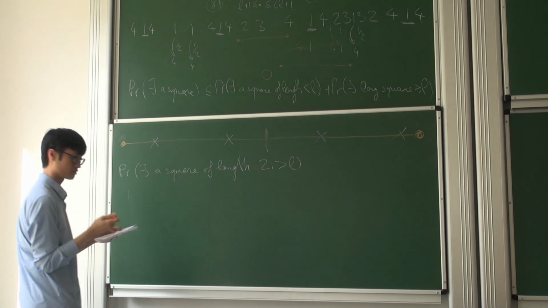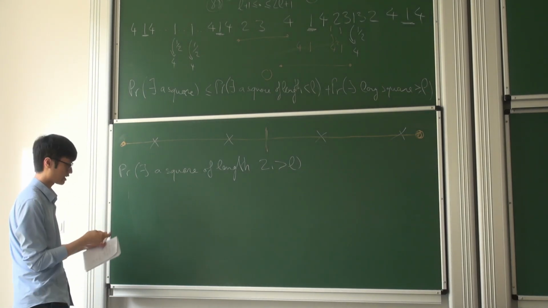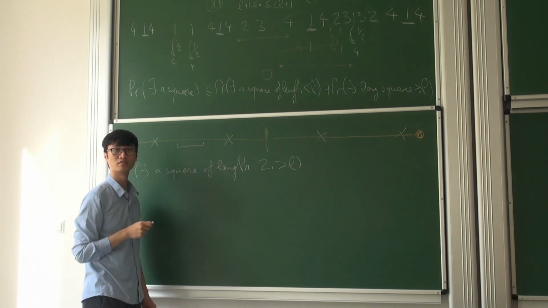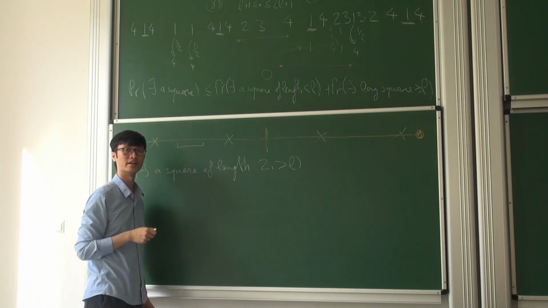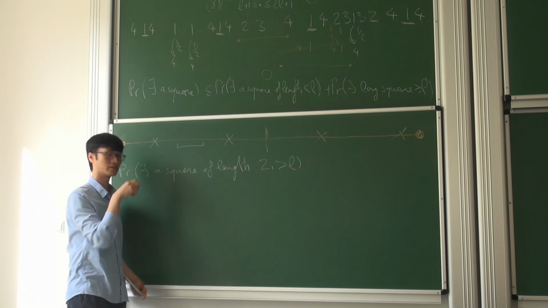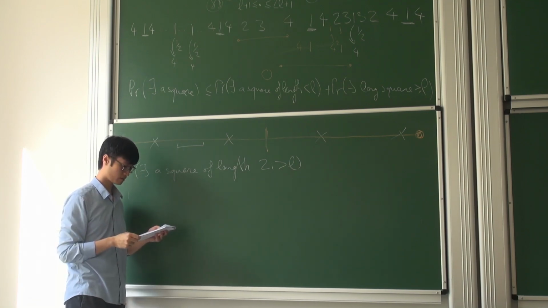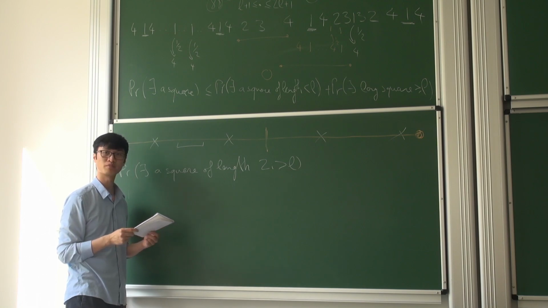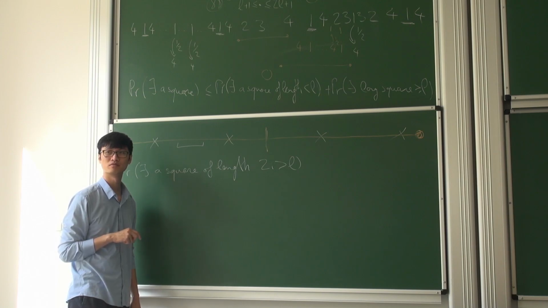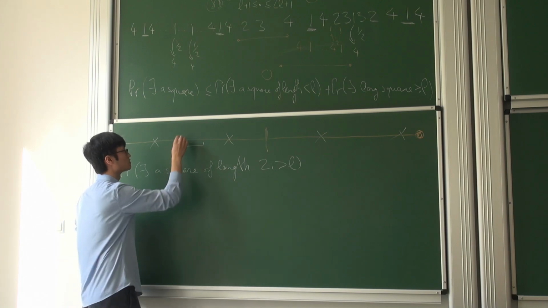Okay. First observation we can have is if you just take some block like over here, a very small one, say 4 letters, then each letter 1, 2, 3 has to appear at least once, because there is no square with more than 2 symbols.